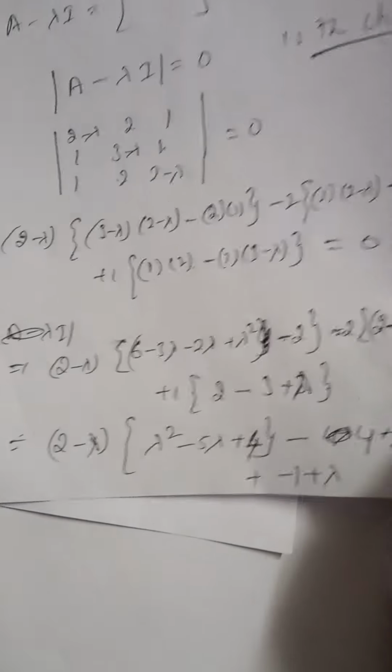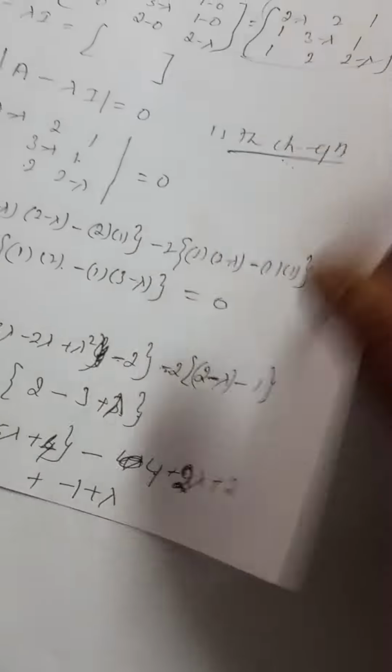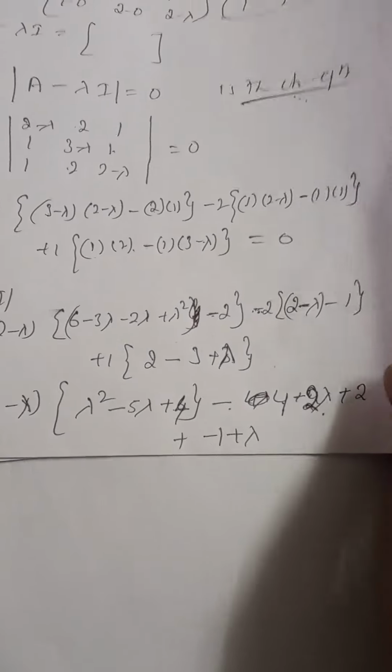Again we have to simplify this one. Once again I am copying the same thing: 2 minus lambda into (lambda square minus lambda plus 4). Is that clear? Next minus 4 plus 2 lambda plus 2.